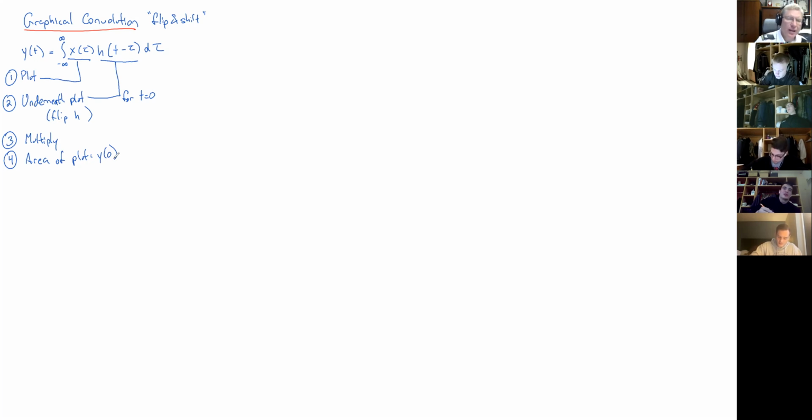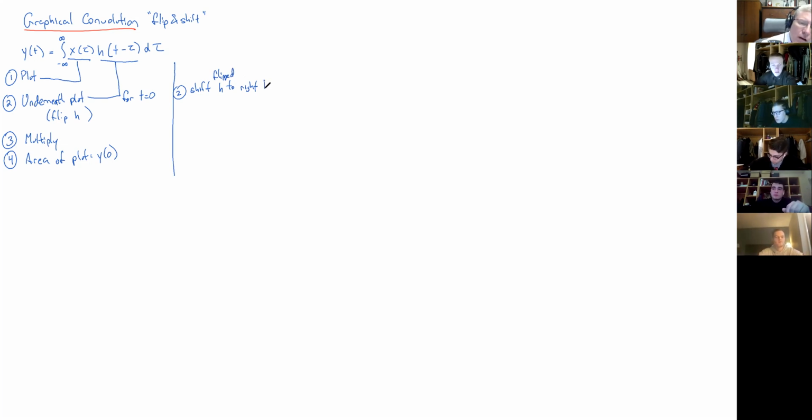Then we're going to do the whole thing again. Now we still don't need to replot x of tau because that's the same. Now we're going to shift the flipped h to the right by t. It's to the right for t greater than 0, or you could shift it to the left for t less than 0.